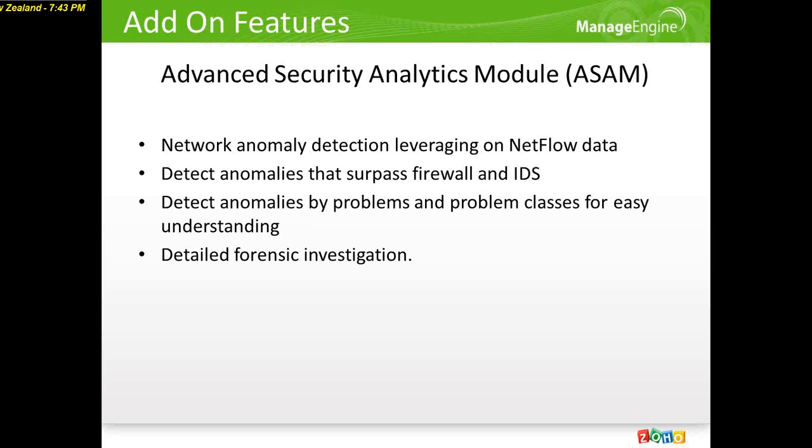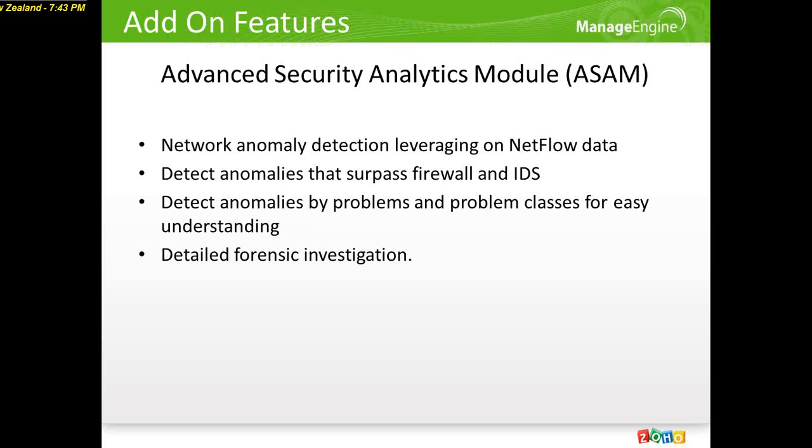Advanced Security Analytics module, network anomaly detection, leveraging NetFlow data. It uses the same NetFlow data exported from the device and reports on anomalies that are happening on your network, and detects anomalies that surpass firewall and IDS.